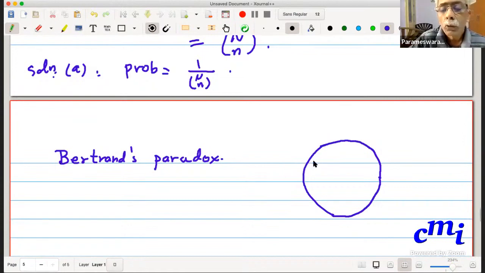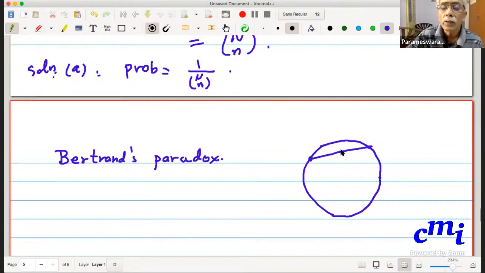You take a circle and you draw a chord at random, maybe one chord like this. Now you measure the length. It's a perfectly meaningful question to ask: what is the probability that the length of this chord is more than the length of the side of an equilateral triangle that can be inscribed in this circle?